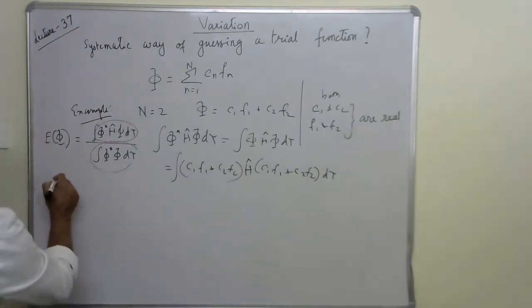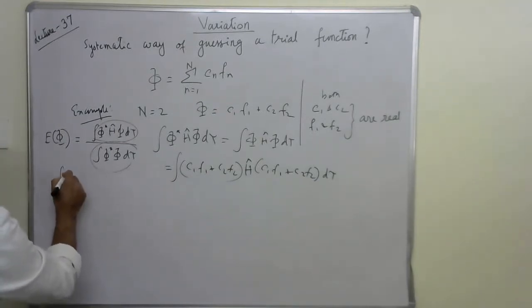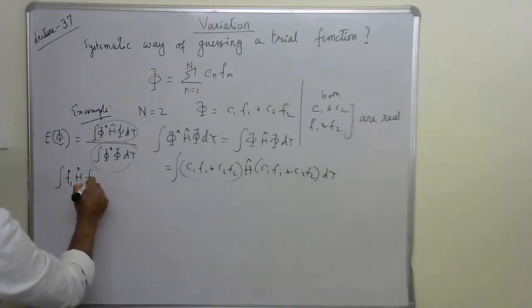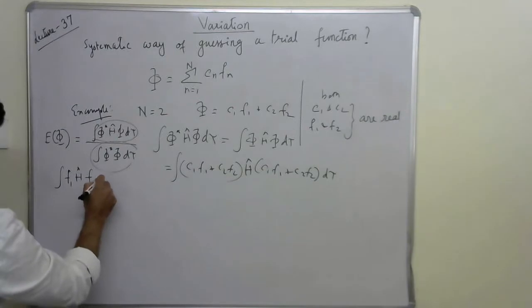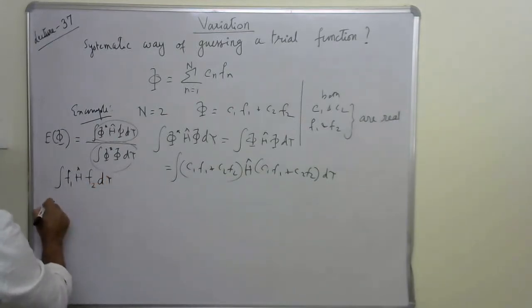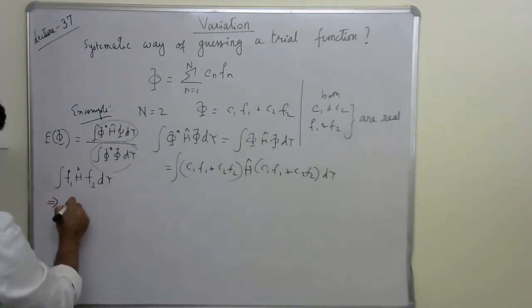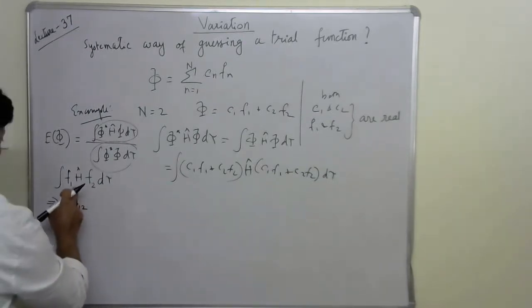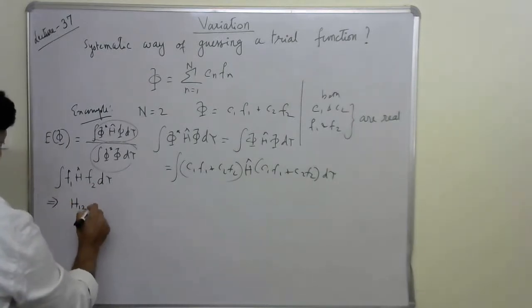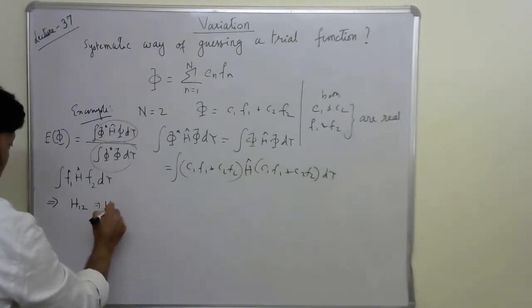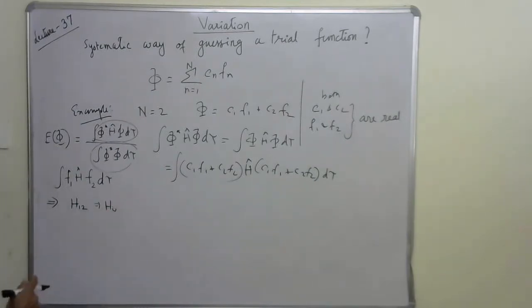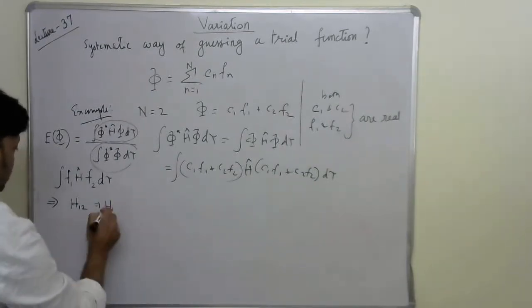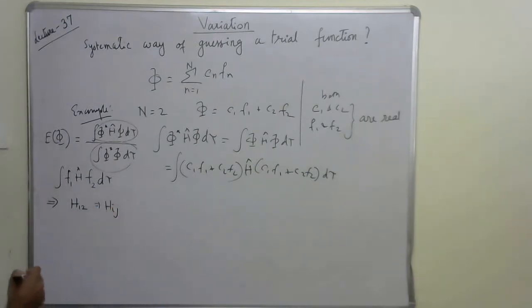I want to write something like this: the integral of F1 H F2 d tau, which is represented as H12, or rather it is represented as Hij, where i and j can be different, or i can be equal to j.